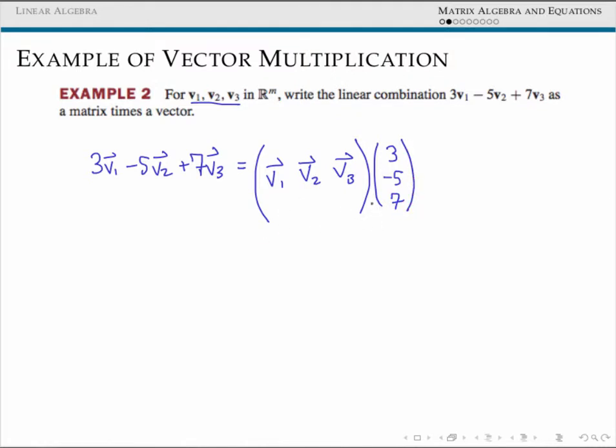So this is precisely our definition of what it meant to take the product of some matrix A by some vector v or x.